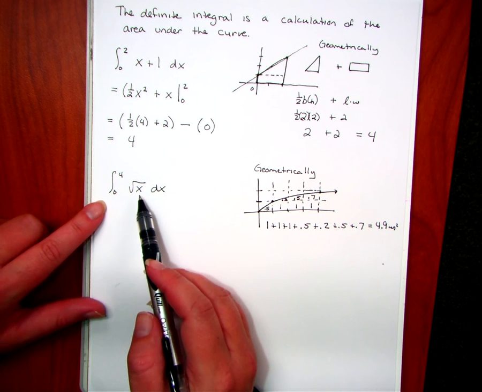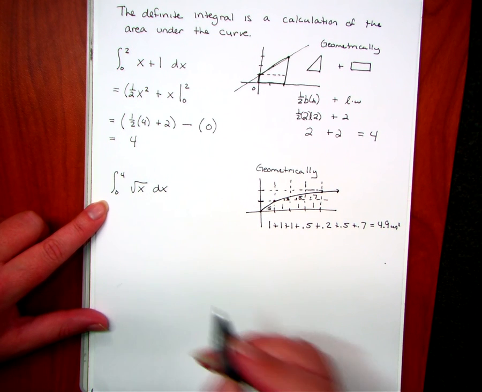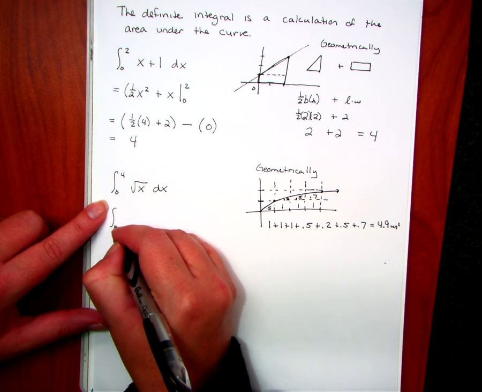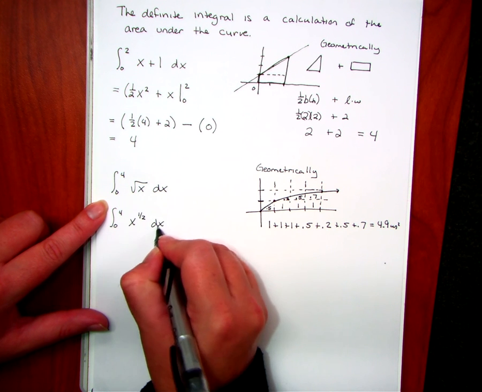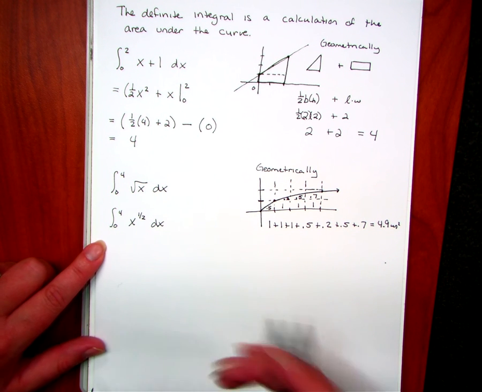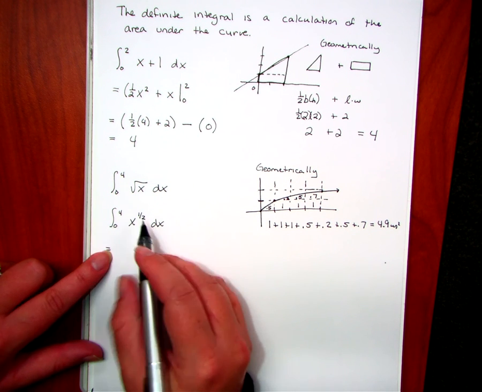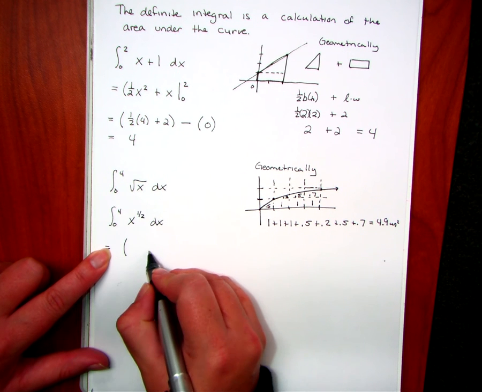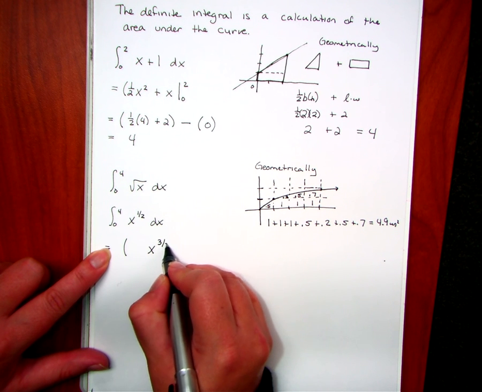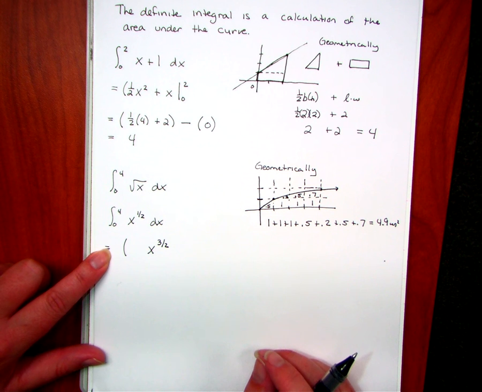So how do we antidifferentiate a square root? Because we haven't done that yet. Well, you change the square root to the 1/2 power. Okay? And so then when we do the antiderivative, we just need to add 1 to 1/2, right? So we're going to get 3/2. Right? If I add 1 to 1/2.